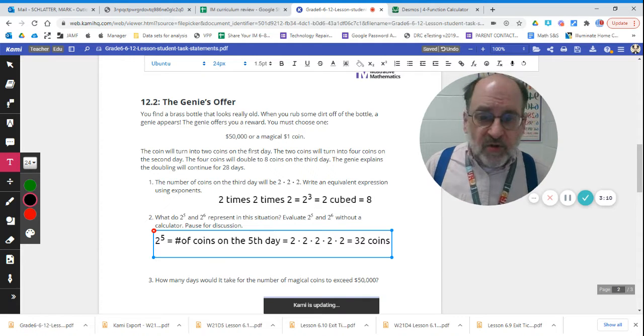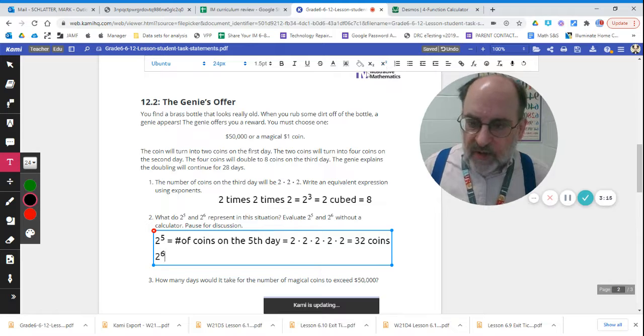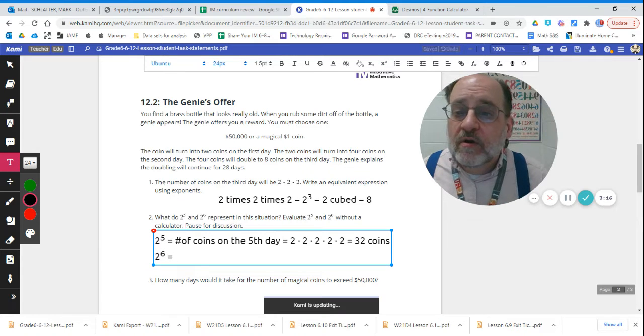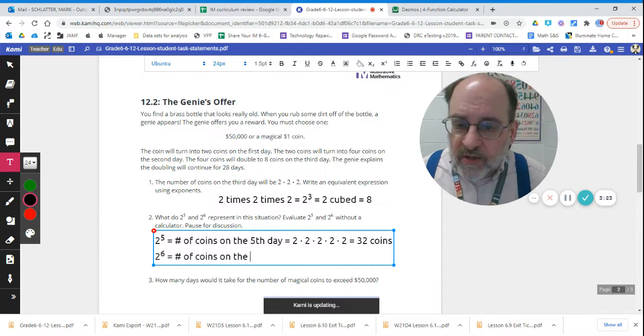If we do that again for 2 to the 6th power, then we have 2. Let's use that superscript to write a 6. And that is the number of coins on the 6th day.